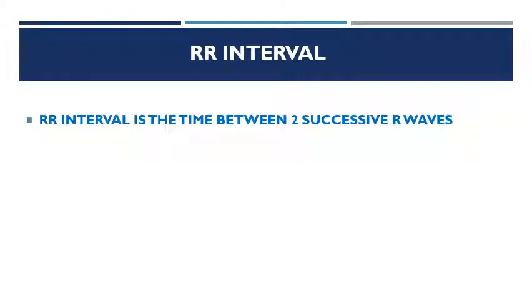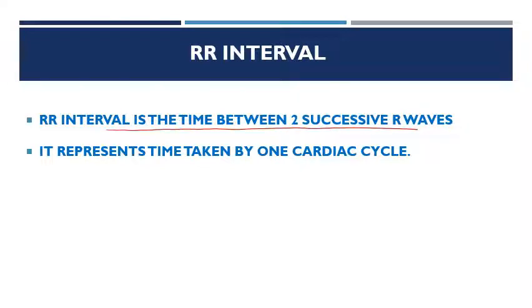In ECG terms, RR interval is the time between two successive R waves, as we have mentioned, and it represents time taken by one cardiac cycle.